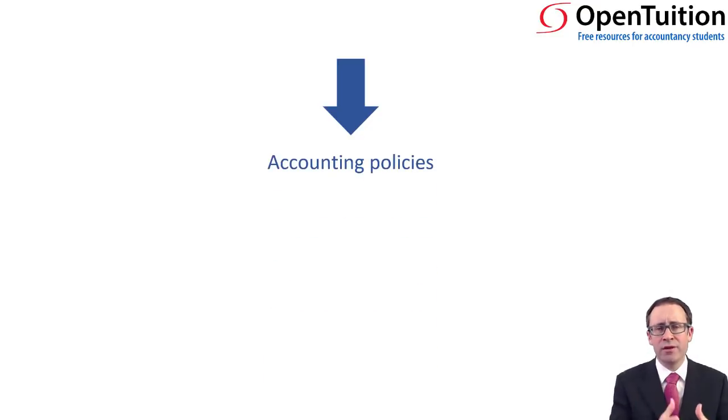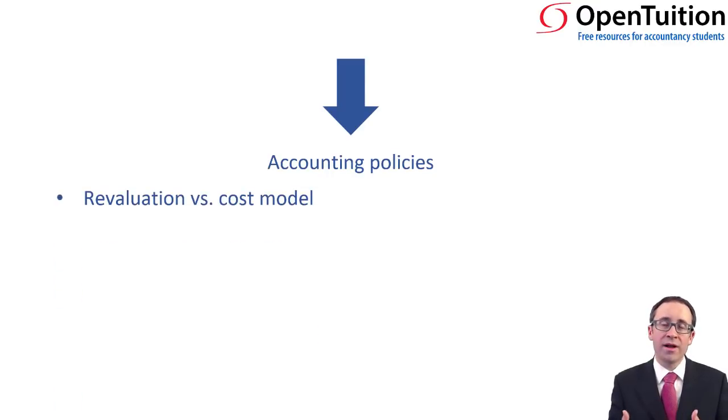Different businesses have different accounting policies which can distort the comparison from one company to the other. So examples that you've got, revaluation versus your cost model. If you have the revaluation model, you're going to have a higher value of assets within the statement of financial position.